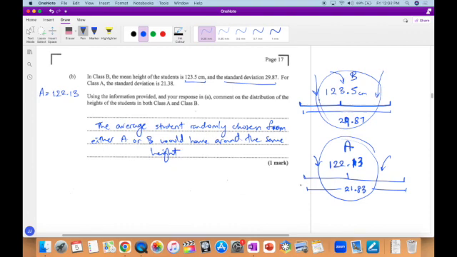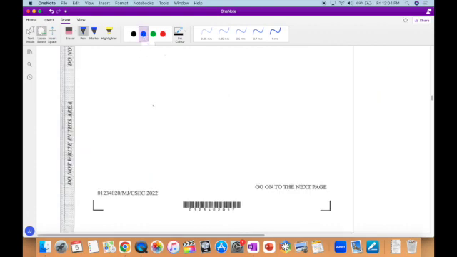However, we could see that the range of the error in Class B is a little more spread out than the range of the error in Class A. So we could state that as well.